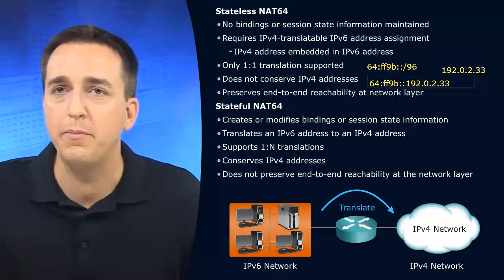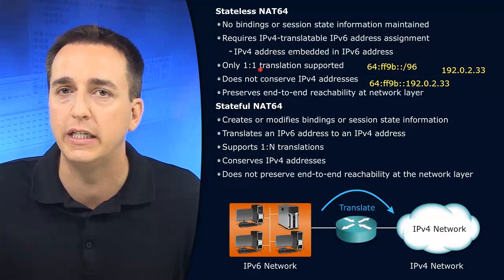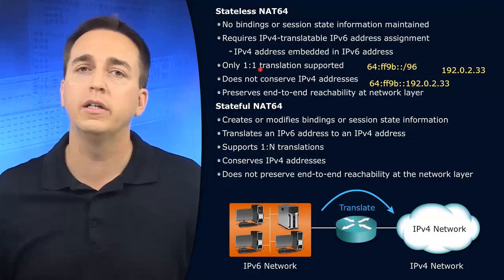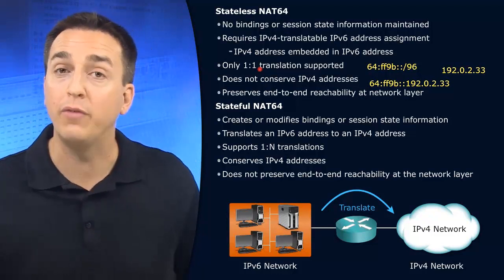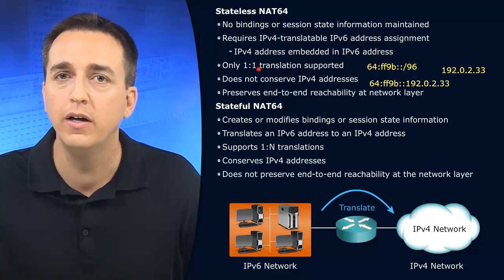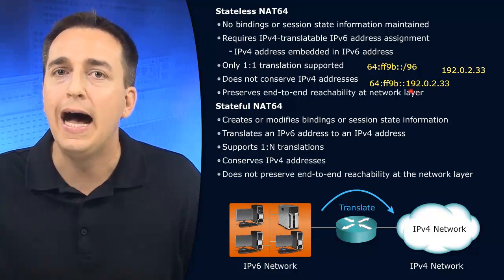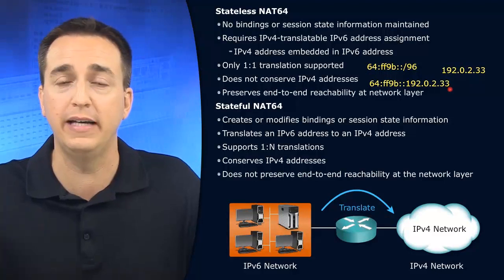But what do we have to understand about this? We have to understand that this is a one-to-one translation. What do we mean by one-to-one translation? Well, for every IPv6 assigned device in your network, they will need their own unique IPv4 global address if you expect to get out on the internet.